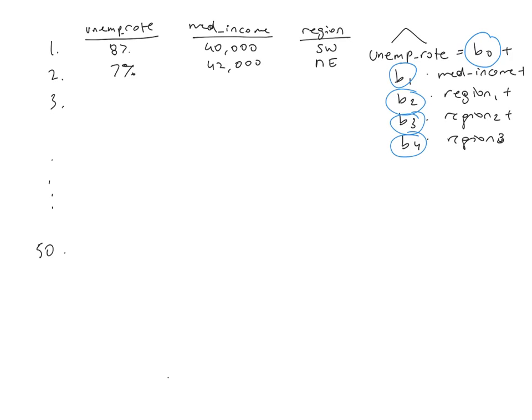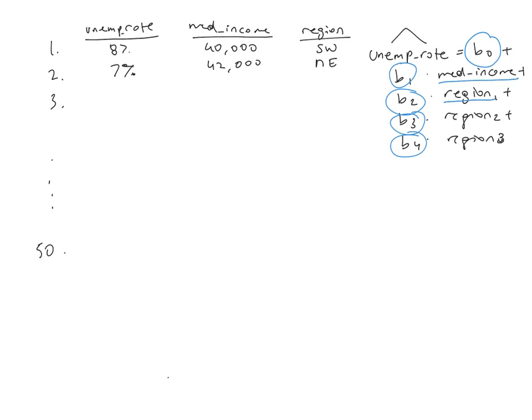Now, to calculate my y-hat, I go back to this data and calculate my y-hat for each one of my observations. I go to state number 1 and plug in 40,000 for its income, and if Southwest is the first region, maybe I only plug in that one and give zeros for the other regions, and that will spit out a calculated unemployment rate for me.